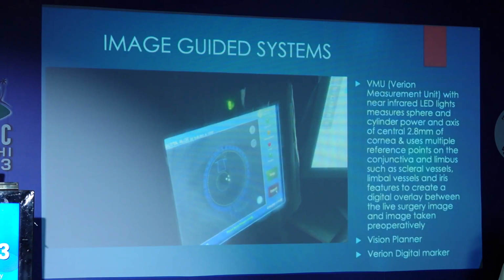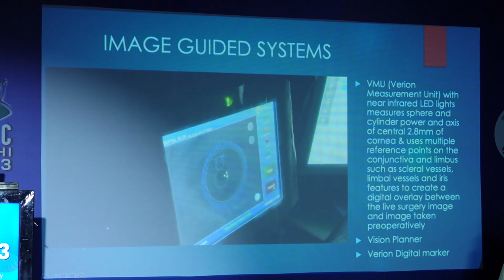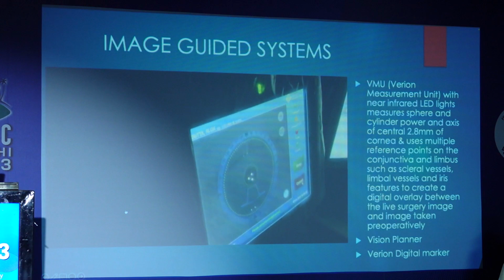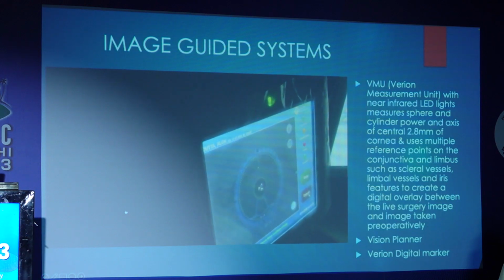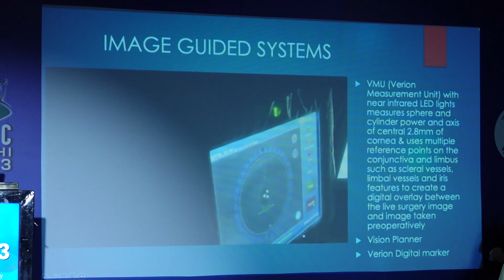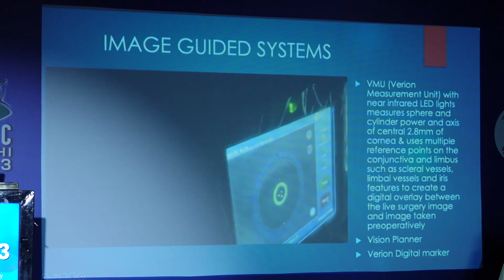Coming to the image guided systems, the Verion measurement unit, no financial interest here, with near infrared LED lights measures the sphere and the cylinder power of the central 2.8 millimeter of the cornea. It takes into reference multiple reference points on the conjunctiva, the limbus, the scleral vessels, the iris features, and creates a digital overlay between the live surgical image and the images taken preoperatively.